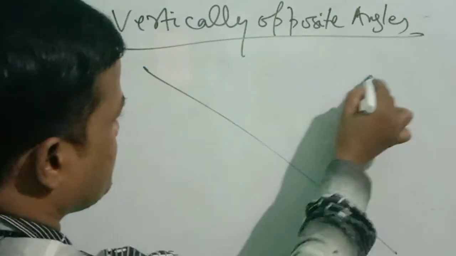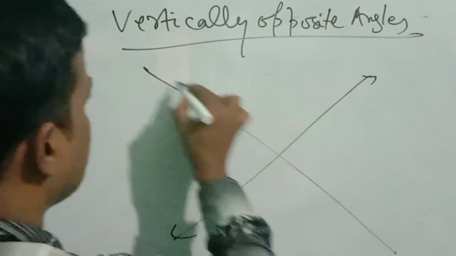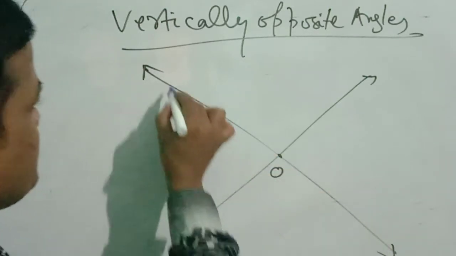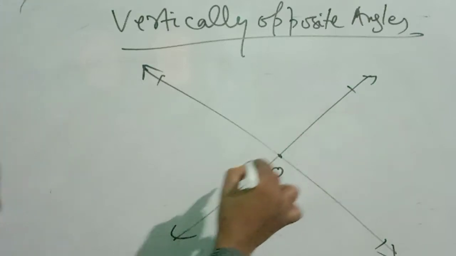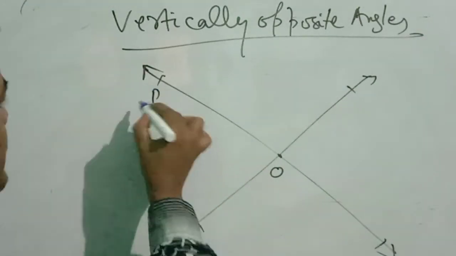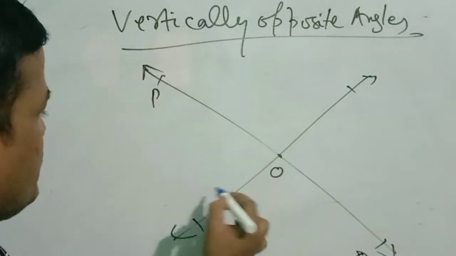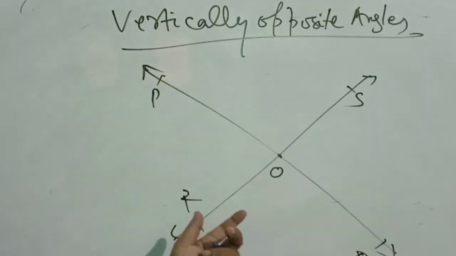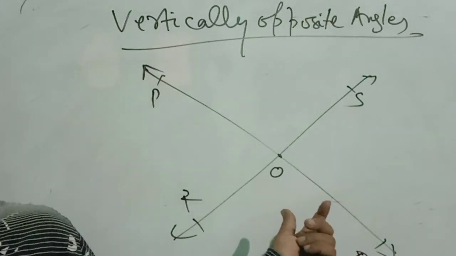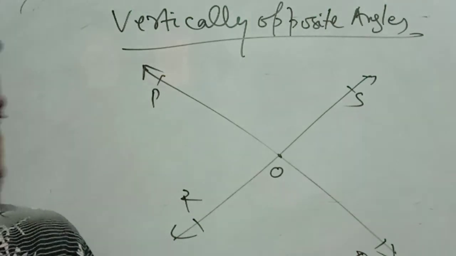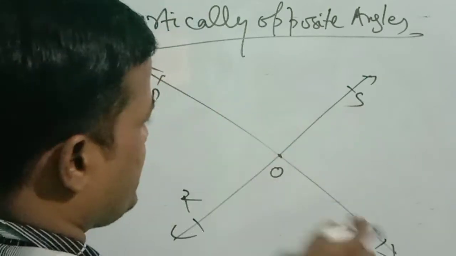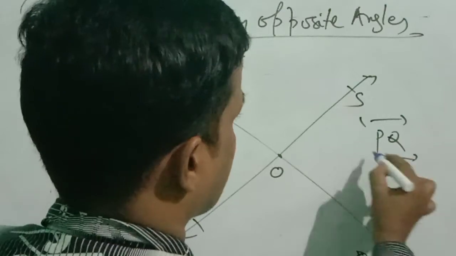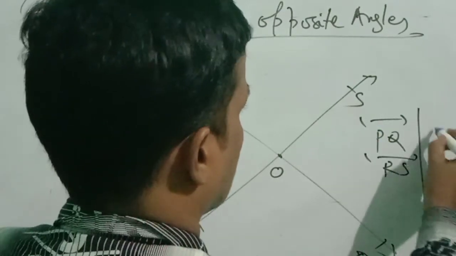Suppose two lines here. This is the point of intersection O. One line is PQ, another is RS. They are intersecting at point O.